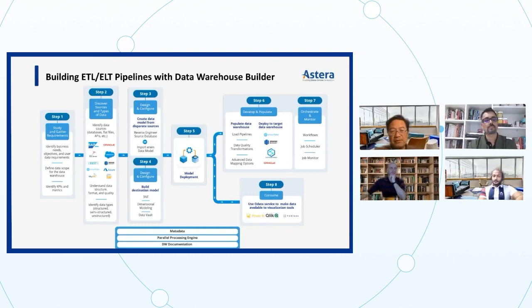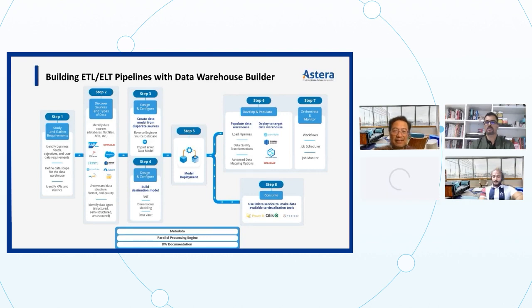Usually the requirements are that the data in the warehouse should be accurate, complete, and timely. In reality it's very difficult to achieve, because sometimes the ETL pipeline is not working, or there are data quality issues, and things like that.